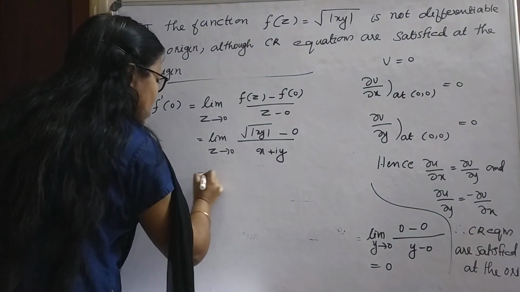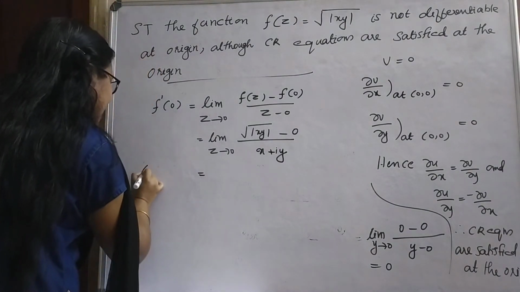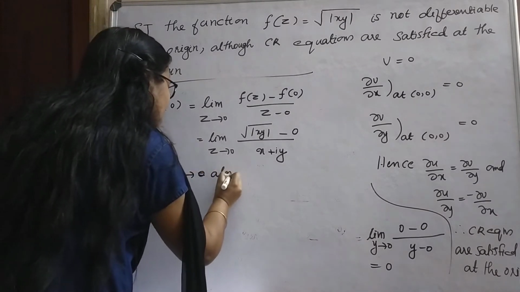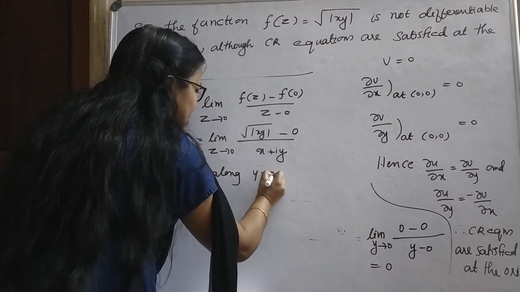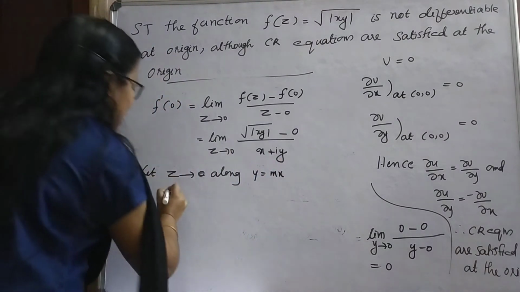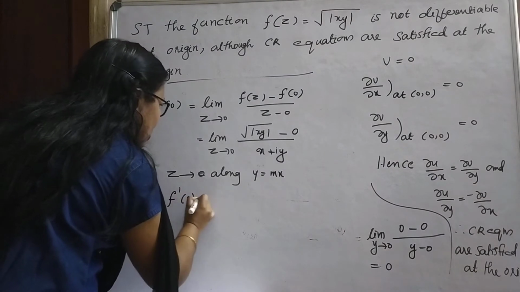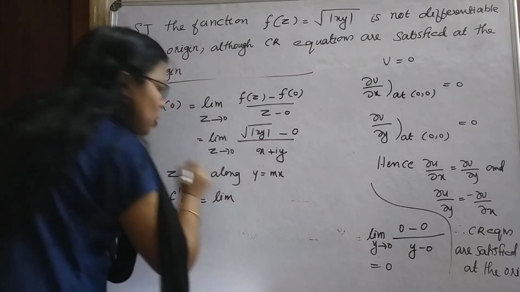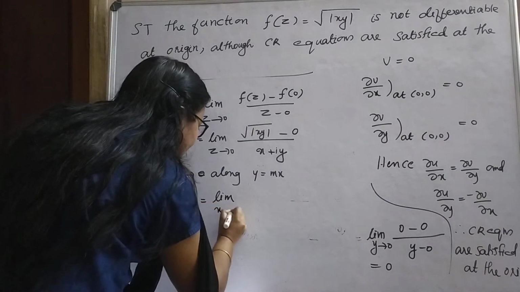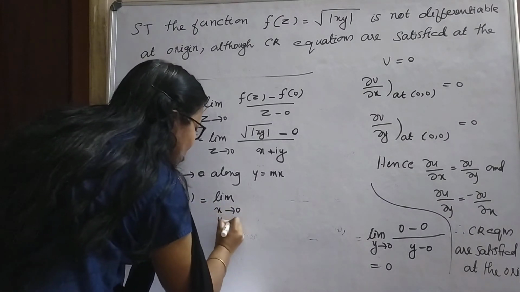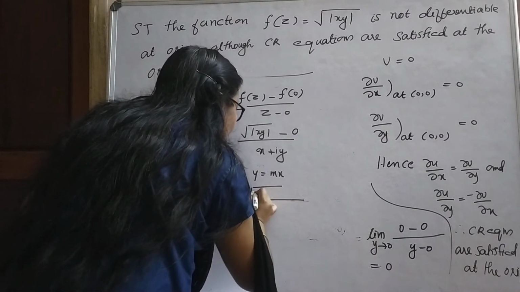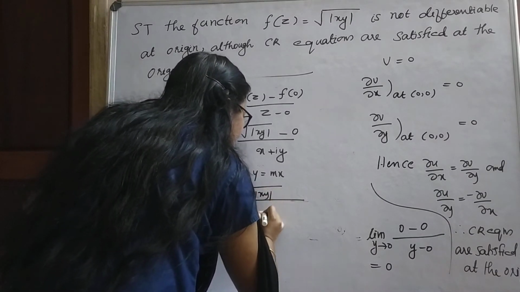Now consider z tending to 0 along y equal to mx. Here take a straight line y equal to mx. Therefore f dash 0 equal to limit z tending to 0, which means x tending to 0 and also y tending to 0, here x tending to 0 with y equal to mx, of root mod xy by x plus iy.